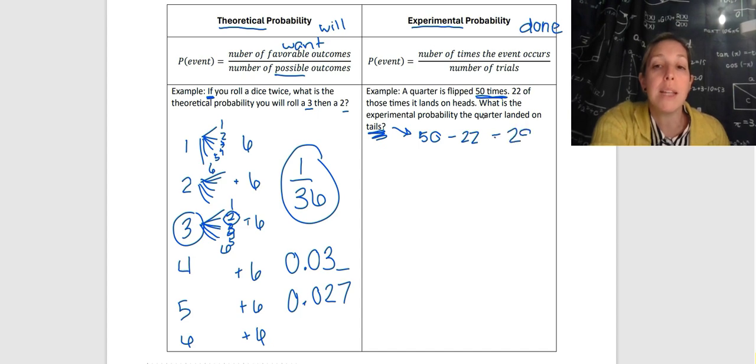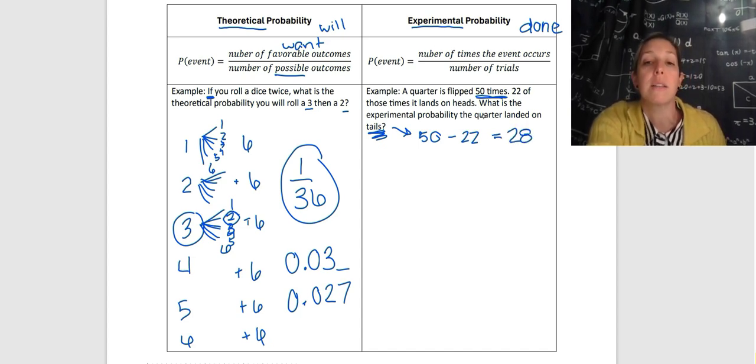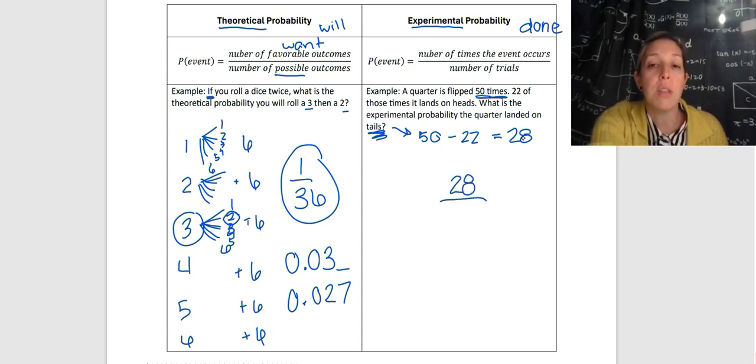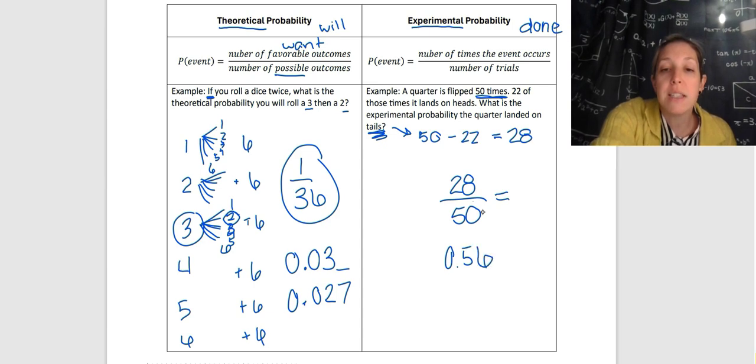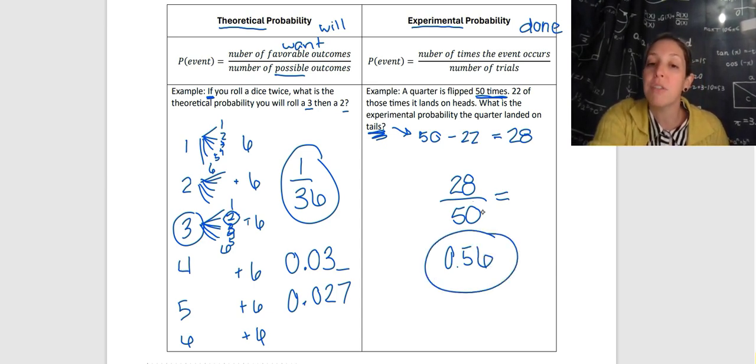That would be 28 times it landed on tails. So number of times the event occurs, which would be 28, over the number of trials, which was 50. If I type that into my calculator, 28 divided by 50, you get 0.56. That would be our probability for that one.